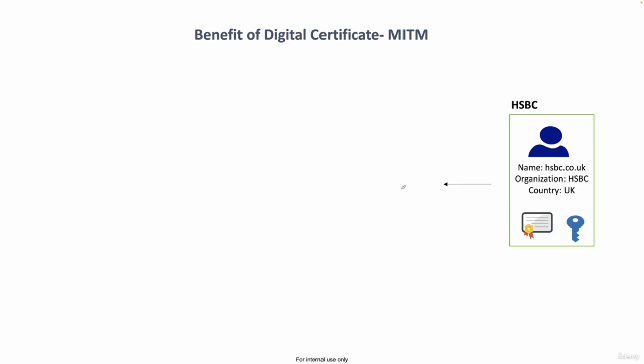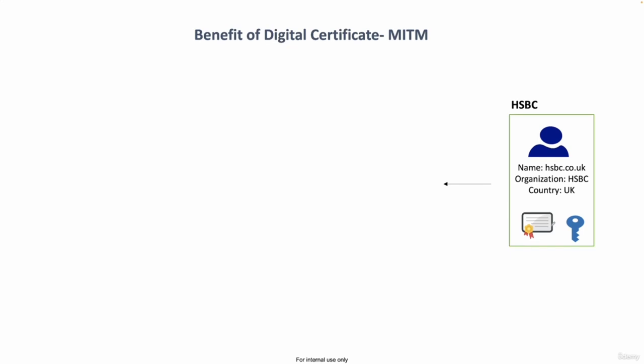Every digital certificate would have its own identity, and you will always embed your public key in it. So you have an organization, hsbc.co.uk, the organization is HSBC and the country is UK, and this is the digital certificate, signed by the CA, right?